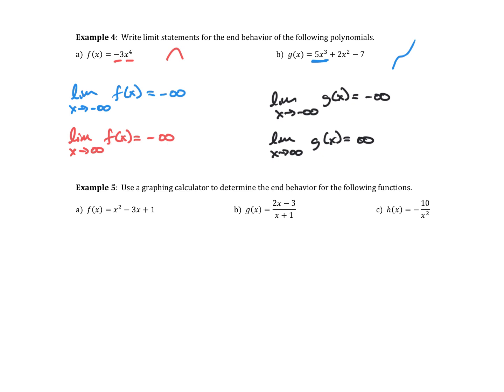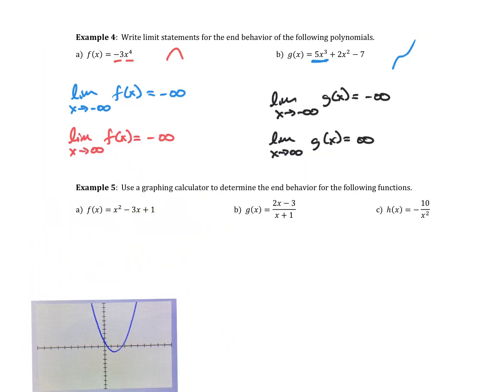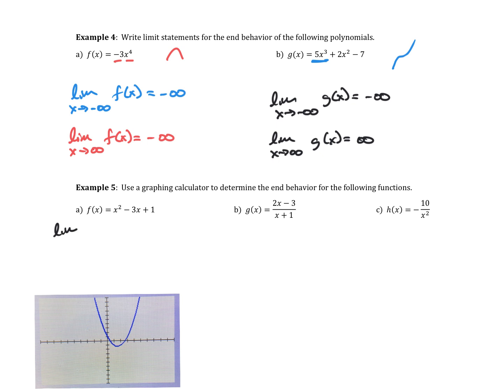All right, so we're going to graph this thing in our handy-dandy calculator. And so hopefully we can get a picture that looks something like this. So I need to do a limit as x approaches negative infinity.